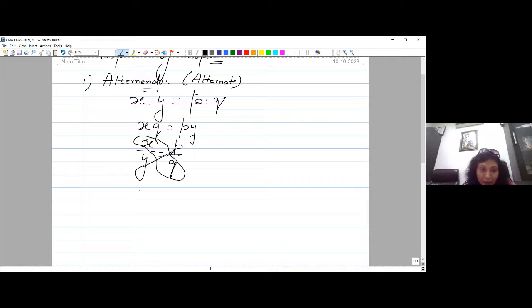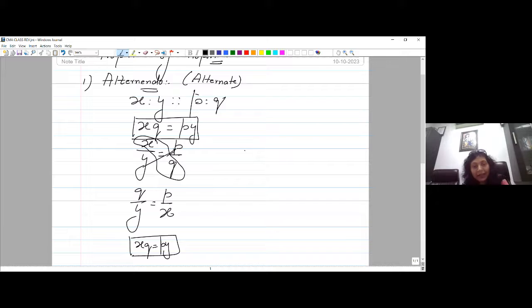So if I write down q upon y is equal to p upon x, there will be no change, because in this case also xq is equal to py. Now if I alternate mean items, then it becomes x upon p is equal to y upon q. Again there is no change because qx is equal to py.